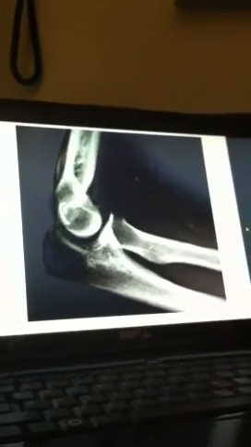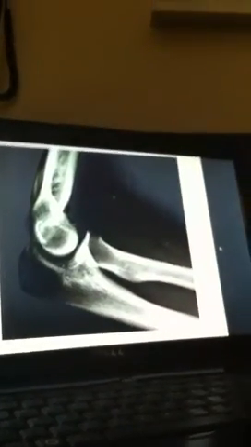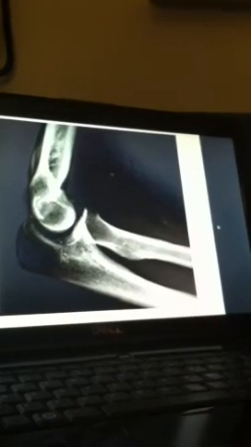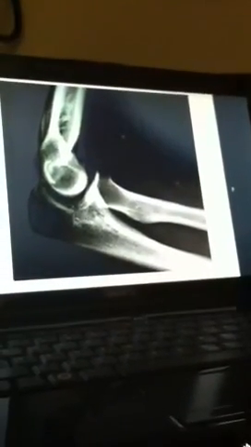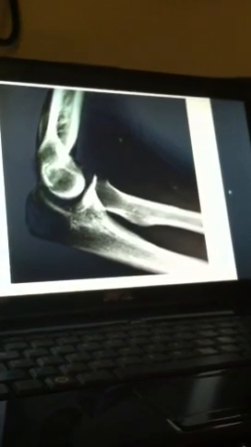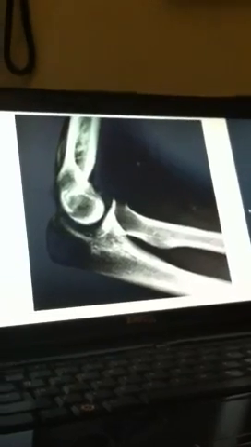We're done. What makes you think it's the right? This side looks closer. And if that's the ulna, wouldn't it be the left side? It is the left, but it's taken this way, because you can see the radius is sitting behind.